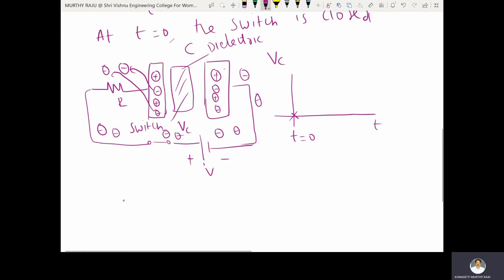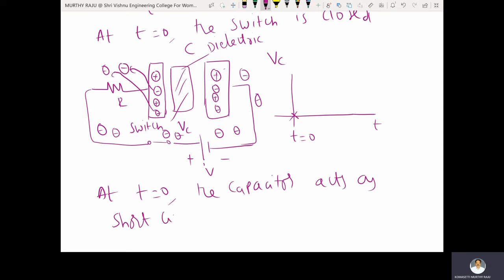At t equal to 0, the important point here is that the capacitor acts as a short circuit. Why does the capacitor act as a short circuit? Suddenly the switch closes.